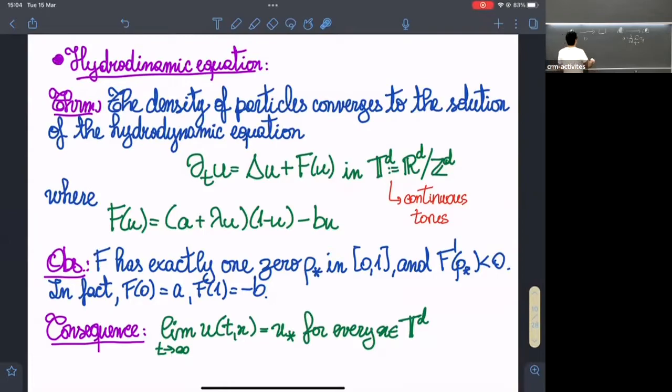So how do you lose mass? Well, first you need to have a particle. If you believe that this density u is the density of particles, that happens with probability u, and then you have the rate at which it happens. So you lose mass with this rate, and you create mass with this rate here. So you need a hole.